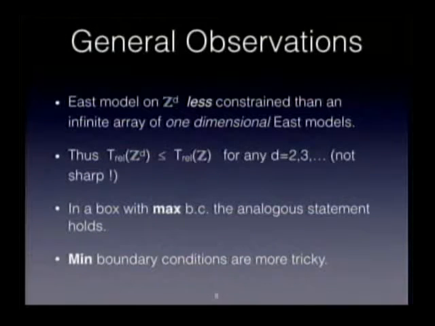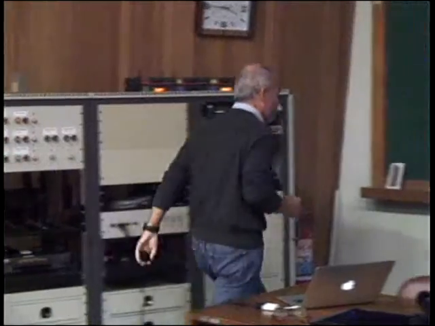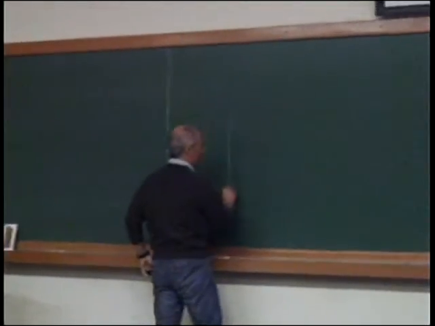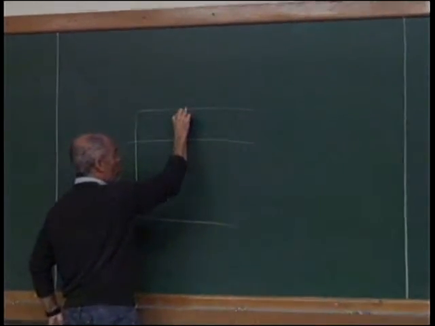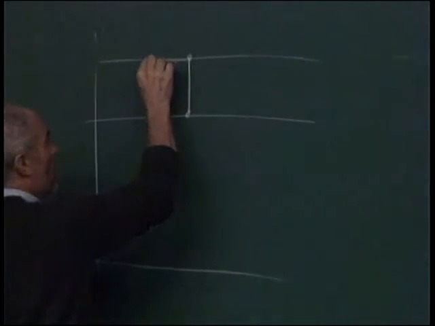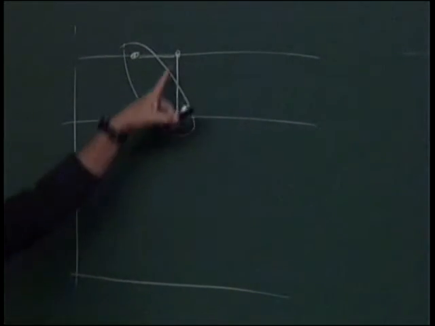Okay, so let me give some general observations. So these are sort of the easy observations. So the East model on Z^d is less constrained than an infinite array, say in 2 dimensions, an infinite horizontal array of East models, simply because the true constraint here is that you have to look at these two guys, whether there is a 0 here or there in order to move.